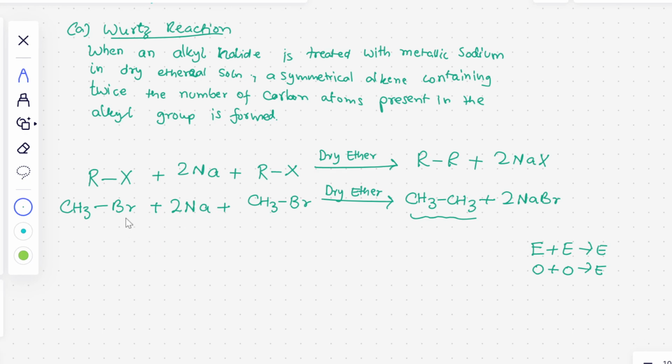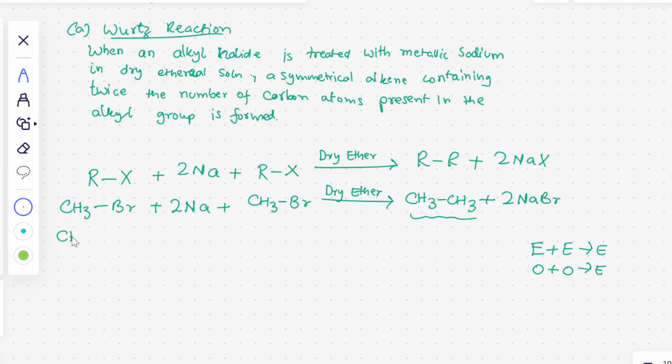So no matter what you do, the end product of this reaction will always have an even number of carbon atoms in the product alkane, right?